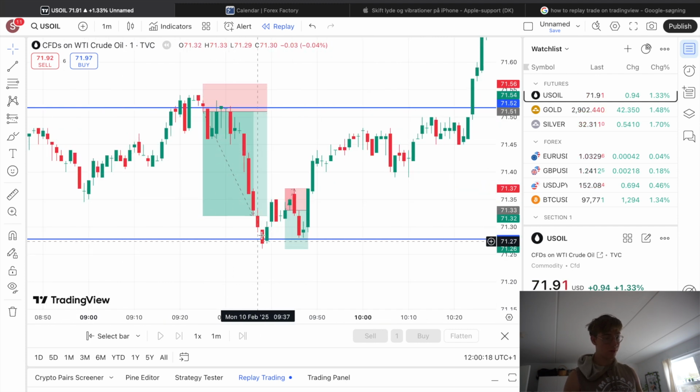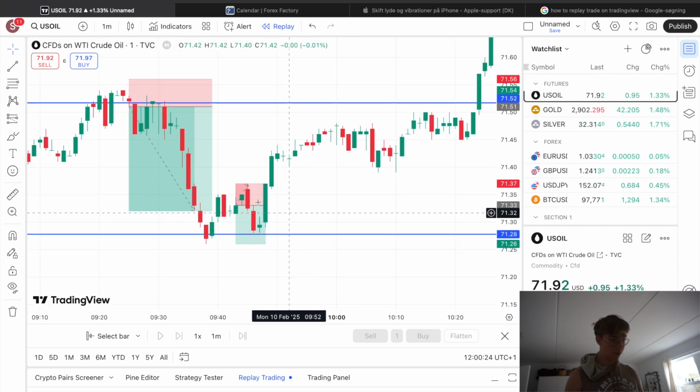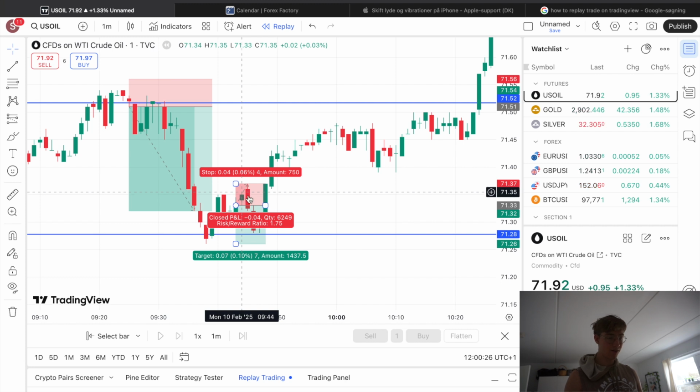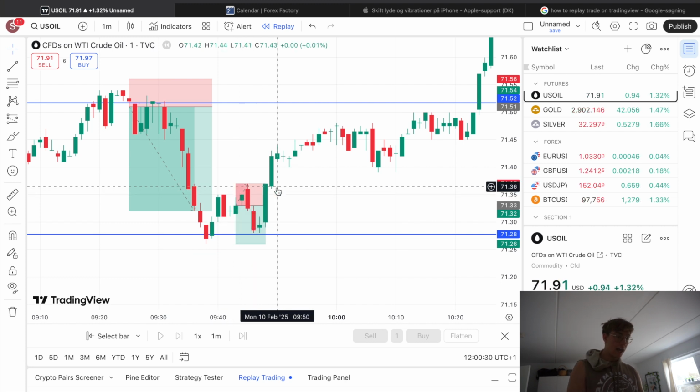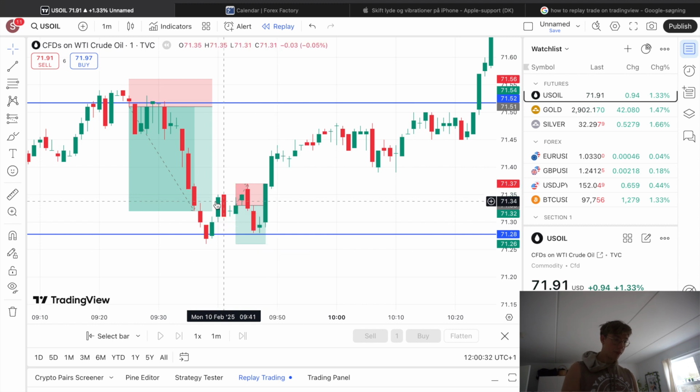Then I thought, okay, we're just retracing on this one. So I took another trade going lower, but I didn't really know, so I just put a very tight stop loss on here, because I thought that we could only reach this.